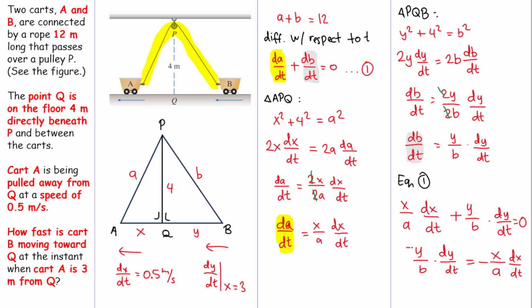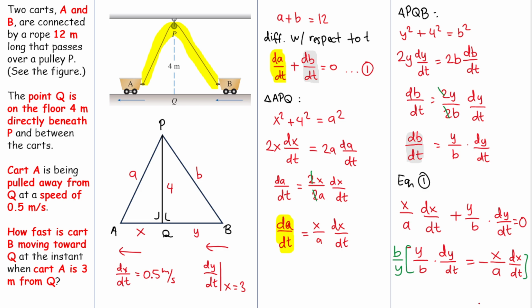Okay, we need to multiply both sides here. Maybe let's use a different color. I think we need to multiply both sides here by b over y. So on the left hand side, this b and b will cancel each other. And then on the right hand side, we can just multiply this.